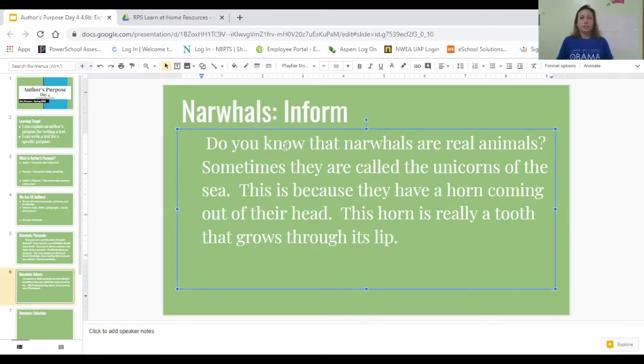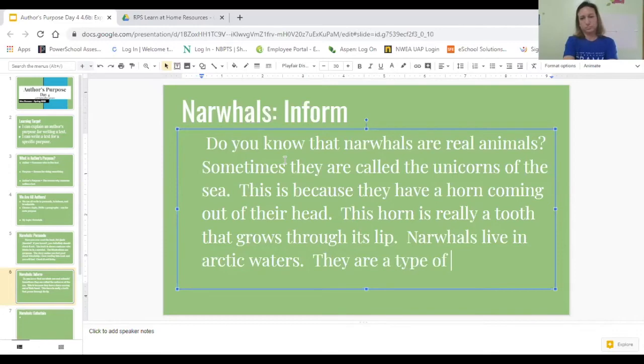This horn is really a tooth that grows through its lip. Okay. Here I am writing to inform. So here is my paragraph.